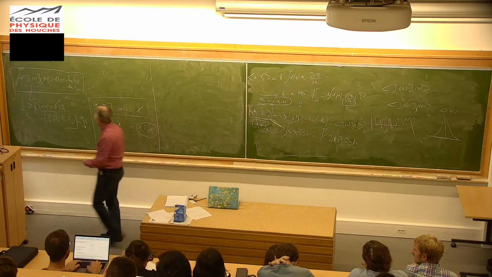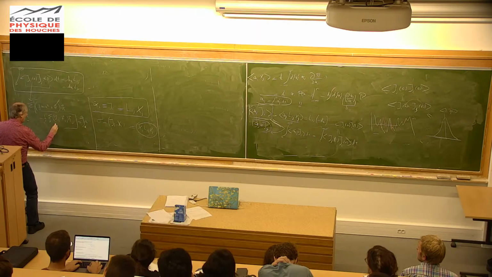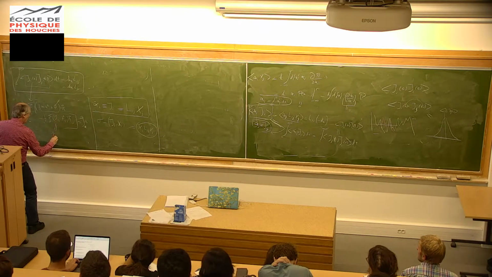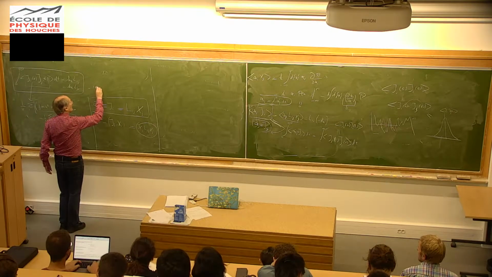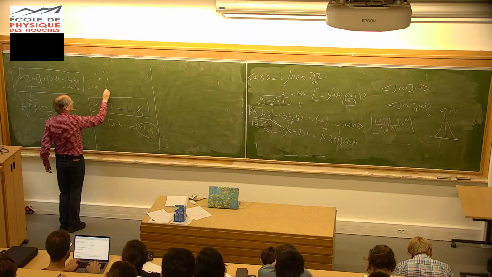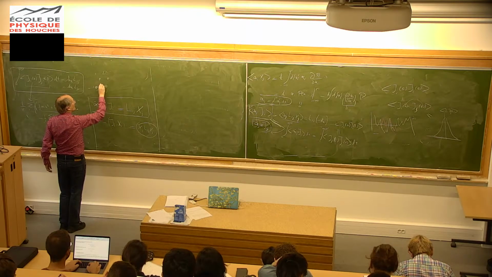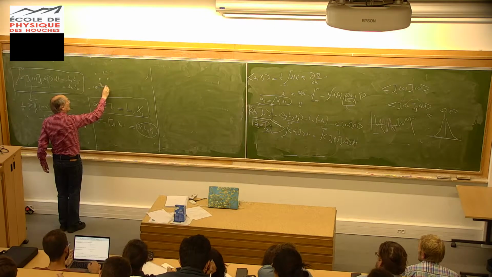Sorry, here, yes. This is r_i dot minus r_j dot. So you have particles in the system that interact. This is particle i, this is particle j. This is r_ij. Of course, r_ij is a vector, so I have to define which way it goes.